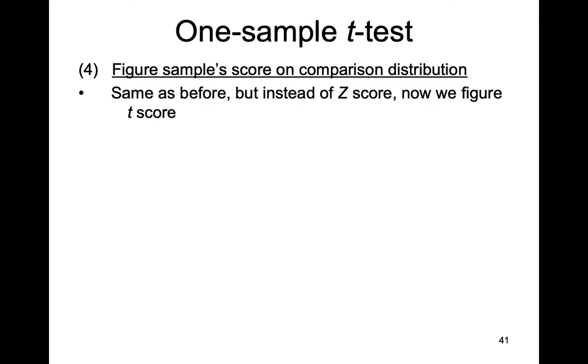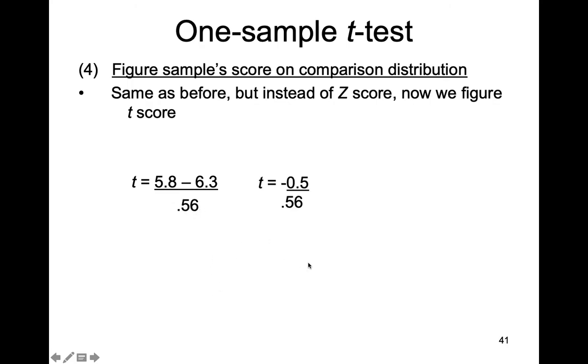Okay, so let's figure out our sample score. Again, same as before, except instead of a z-score, we're going to get a t-score. It was given in the problem that among our sample of 20 students that did the meditation, their stress score is 5.8. We're going to compare that to the known mean of 6.3. This is the standard error that we figured out.